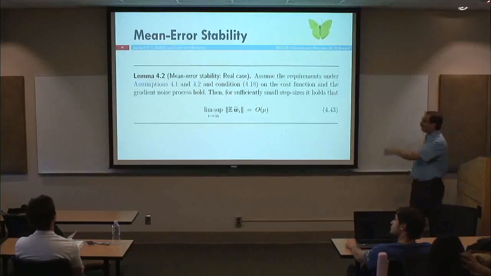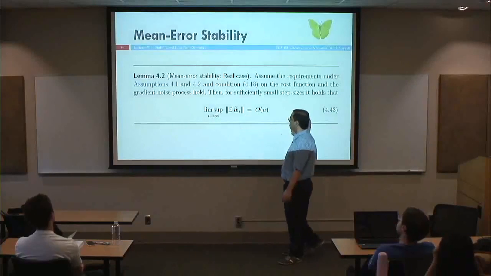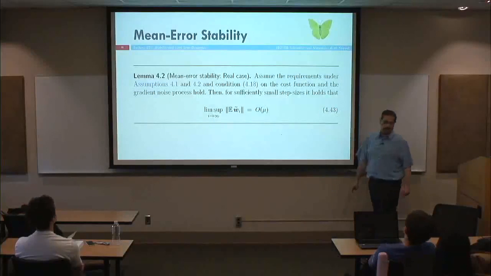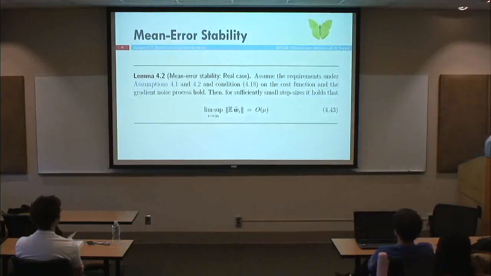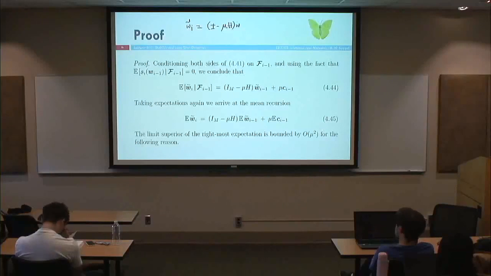Very good. So now I can go back to my previous statement that I would like to show that this error quantity, this first order moment, is actually of the order of mu. The proof of that is not difficult, very simple. Okay, so you go back to the recursion, right? Remember the recursion was W tilde i equals I minus mu constant H, W tilde i minus 1, minus mu, the gradient vector, right, plus mu, this perturbation vector, right?